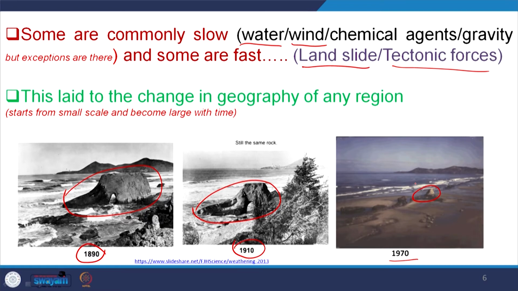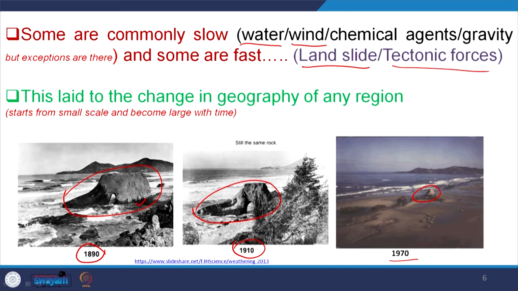So, that means I want to say in a place these processes and products vary with time. The process remains the same, but the size of the product varies with time. That means gradually these weathering processes are working 24/7 to make the system peneplain.